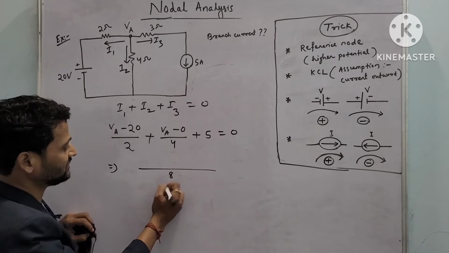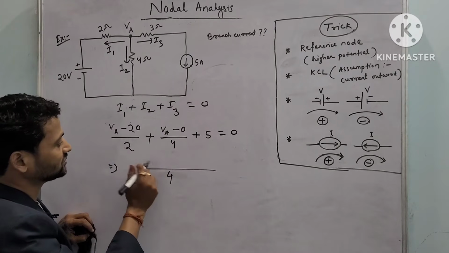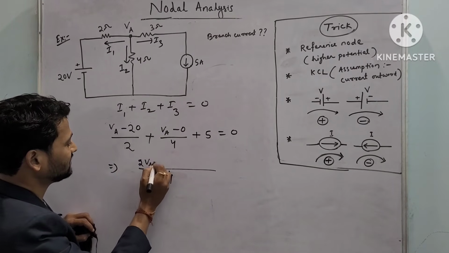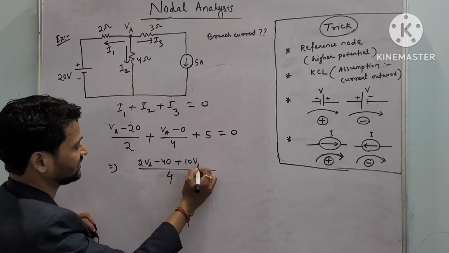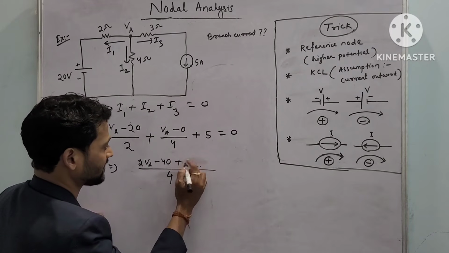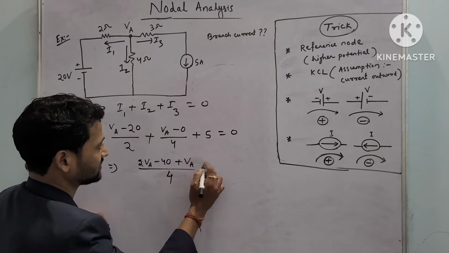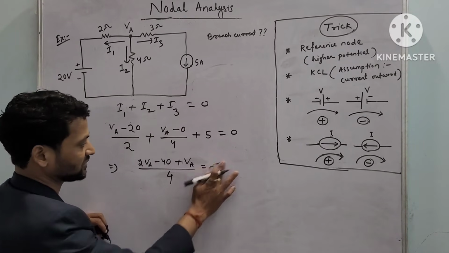LCM कितना है? 8. No. 4 2. It will be 2VA minus of 40 plus VA. Sorry, not 10VA, VA. Okay, so it will be minus of 5. 4 multiply हो जाएगा तो कितना हो जाएगा?